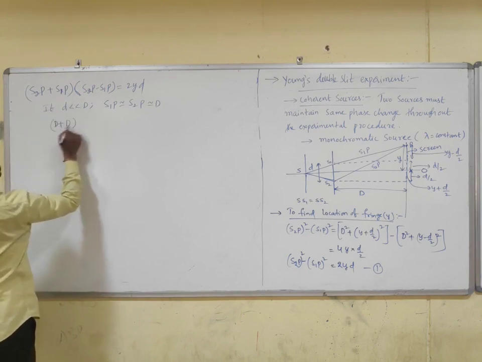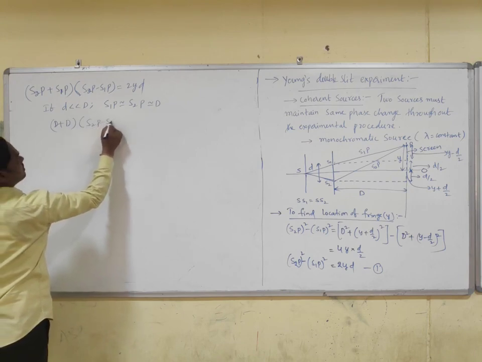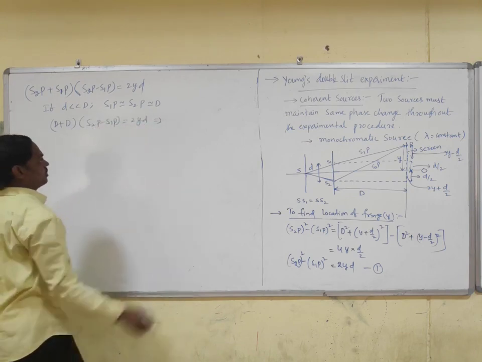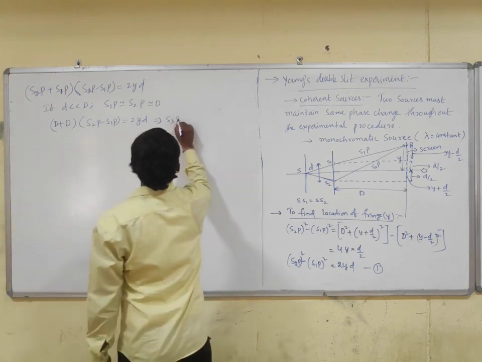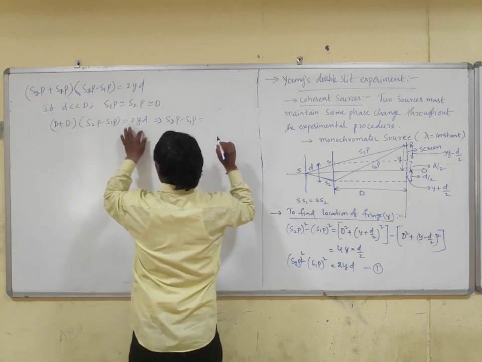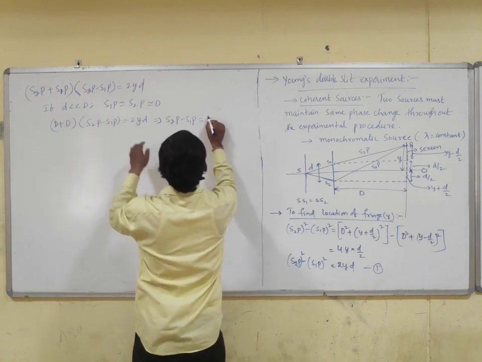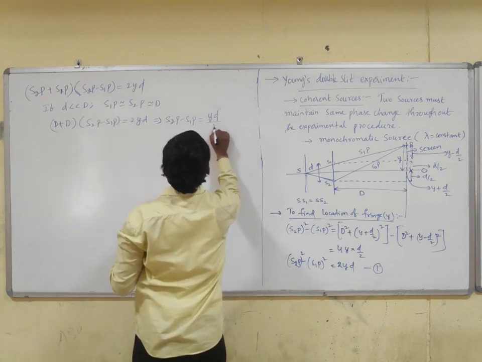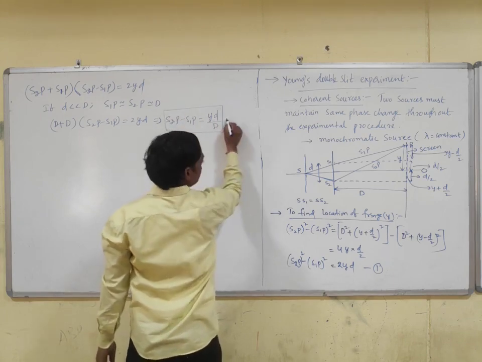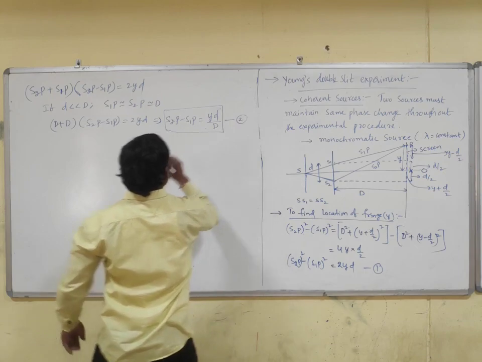(D plus D) into (S2P minus S1P) is equal to 2yd. That implies S2P minus S1P is equal to, 2 gets cancelled, y small d by capital D. This is 2.